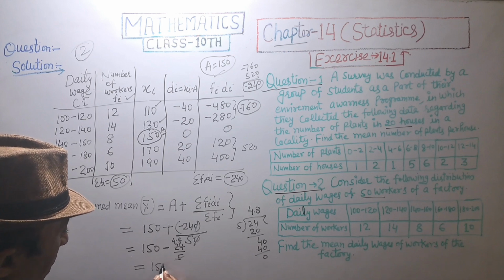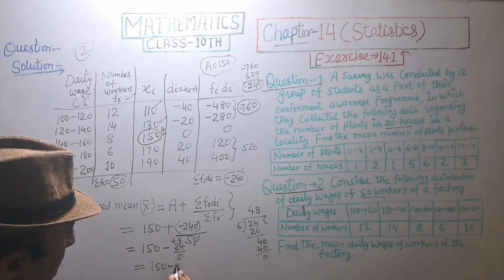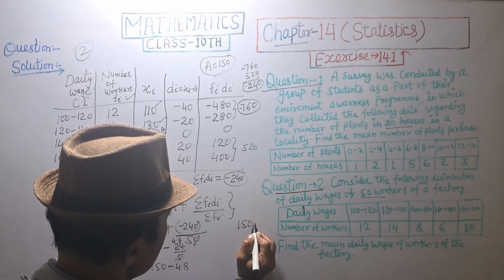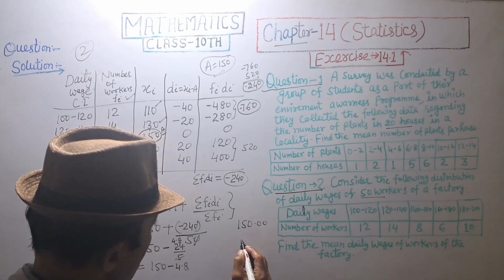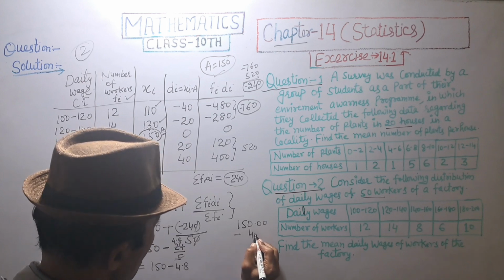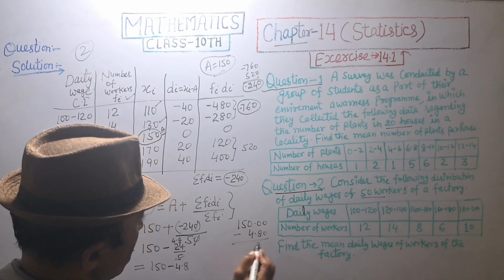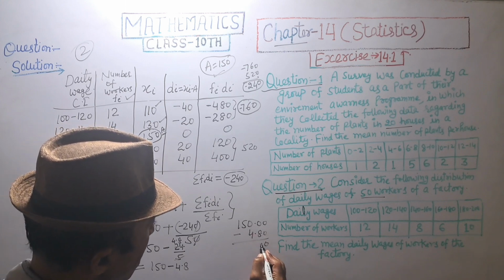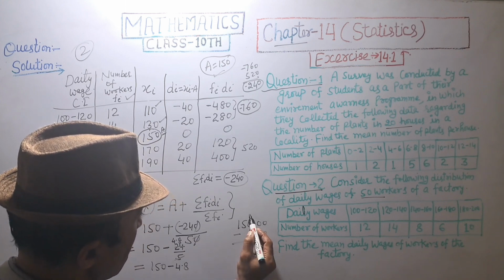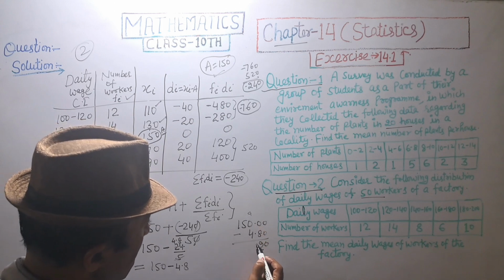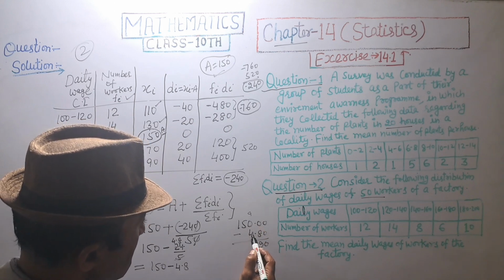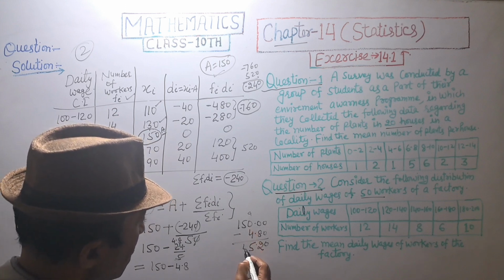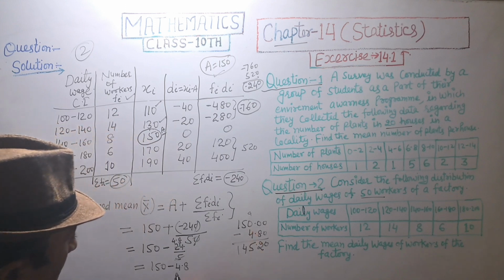So 150 minus 4.8. 150.00 minus 4.80. 10 minus 8 is equal to 2, and here 9, so 9 minus 4 is equal to 5, and 4, 1.